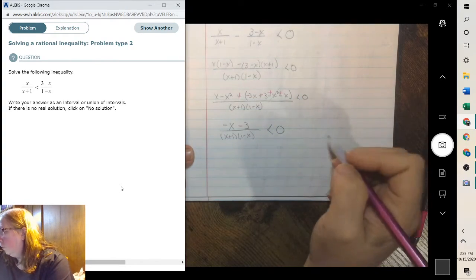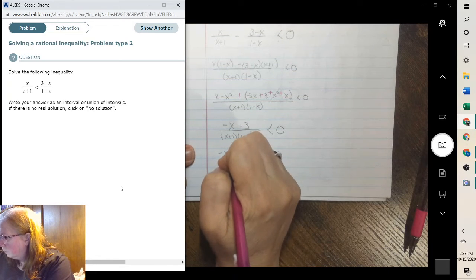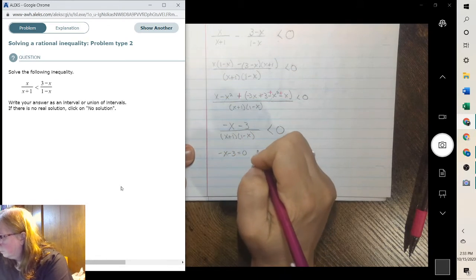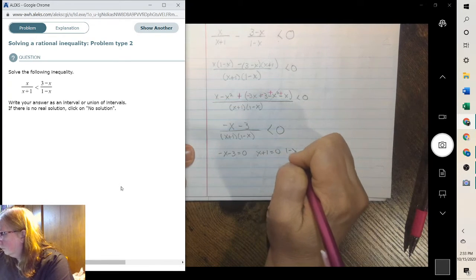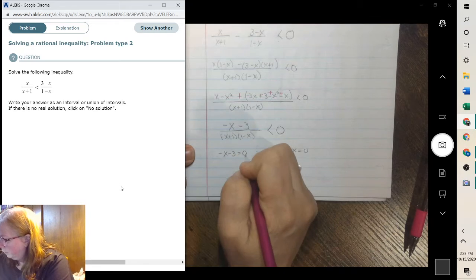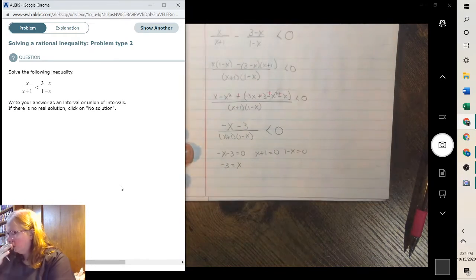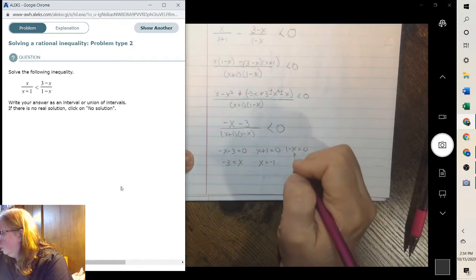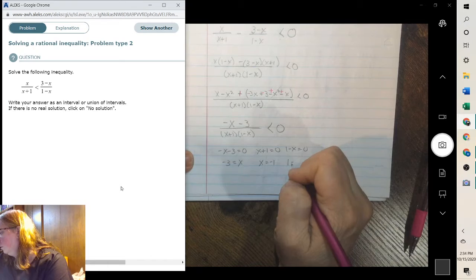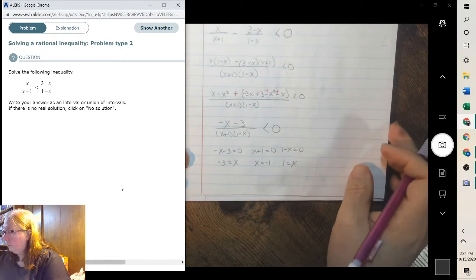To find the critical values, we remember to set the top and bottom equal to 0. So I'm going to add the 3 over, the x. That way it's just solved. This one I'll subtract the 1. And this one, again, I'll bring the x over. So I have 1, negative 1, and negative 3.